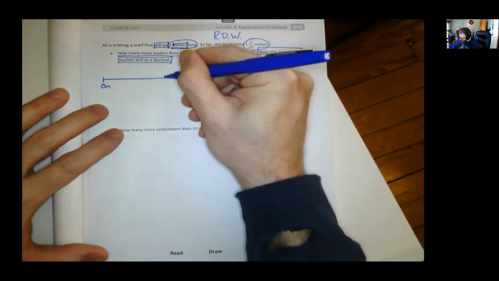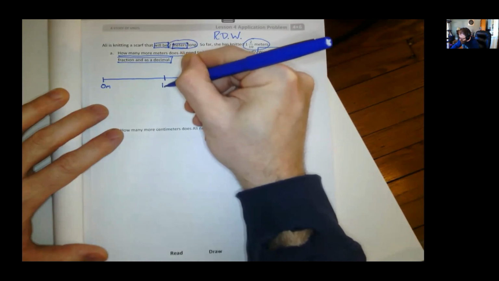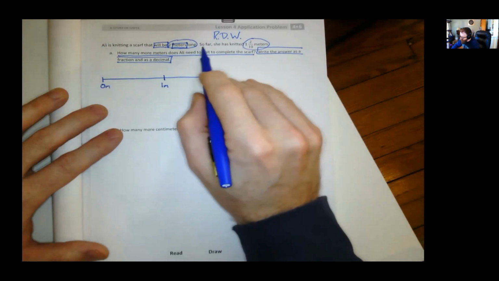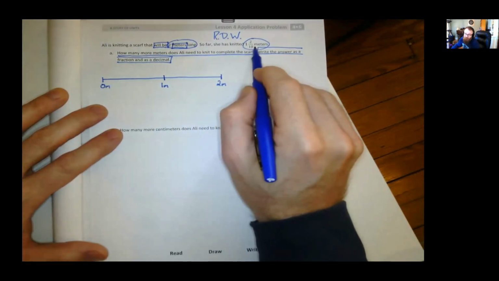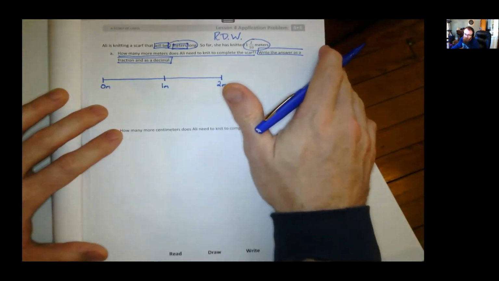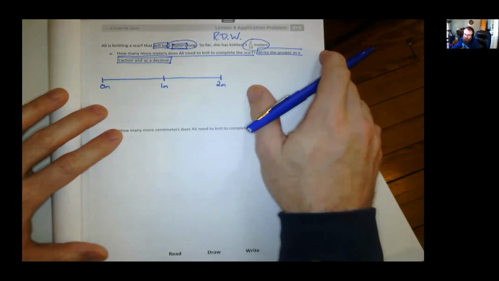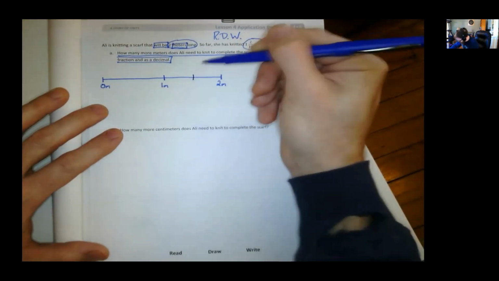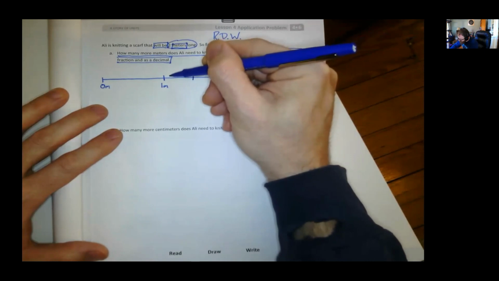We want to start by representing what Allie has already, okay? So far, she has knitted 1 2/10 meters of scarf. We want to show that on the number line, but we need to divide this meter into tenths to show that value. So I'm going to divide it in half, and then I'm going to divide each half into fifths.